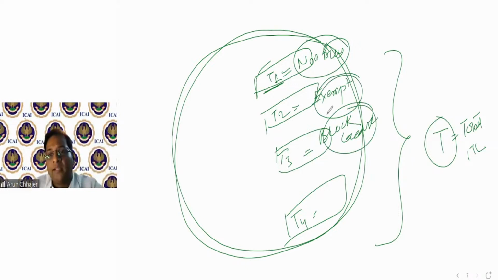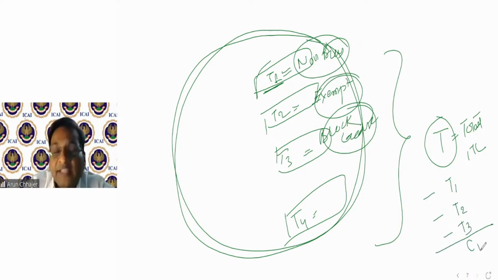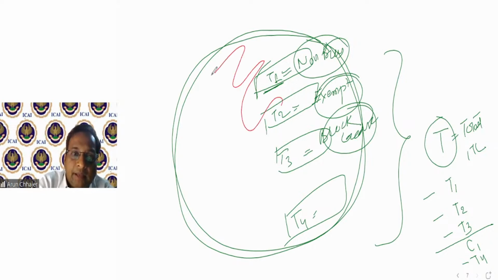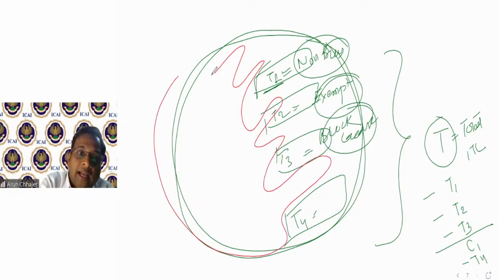So out of T, you are removing T1, T2, T3. The balance is called C1. From C1, you are removing T4. So what is the balance? Let's say this is the balance value, and this is called C2.